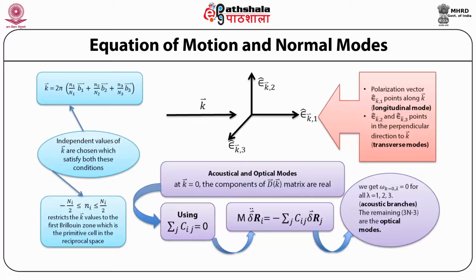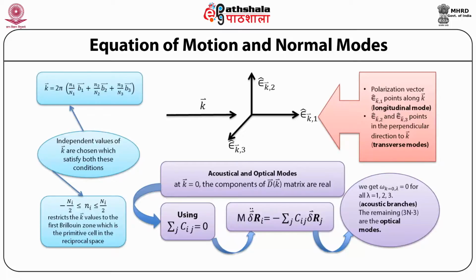So it basically implies that if some of the allowed values of k go out of the first Brillouin zone, then they can be brought back to the first Brillouin zone by an appropriate lattice vector G that you apply to k, and then you get back all those allowed k values inside the first Brillouin zone. The first Brillouin zone is the most important, because after all the second, third and so on are all periodic repetitions.